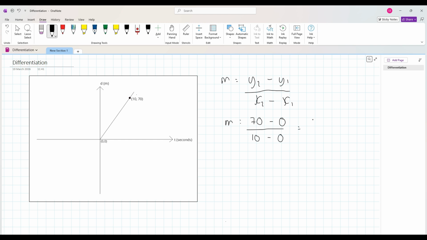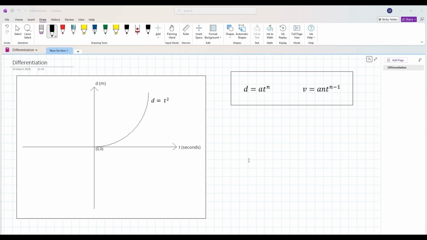This gives us 70 over 10 equals 7. So our velocity is 7 meters per second. Because this line is linear, the velocity is constant.